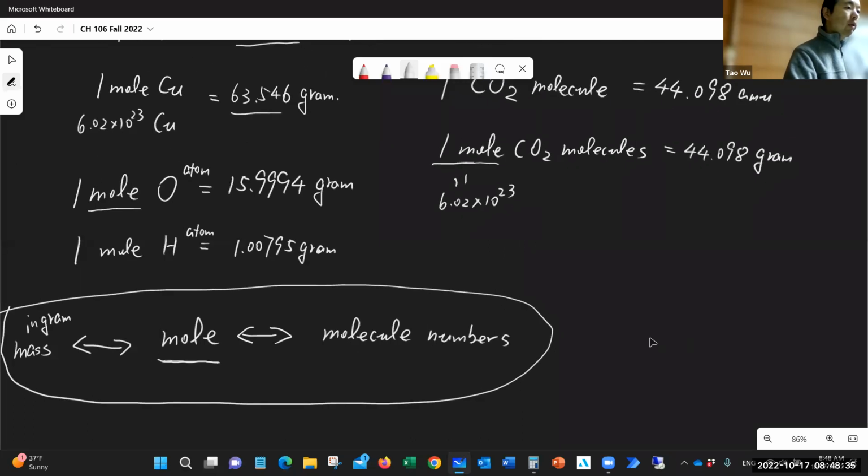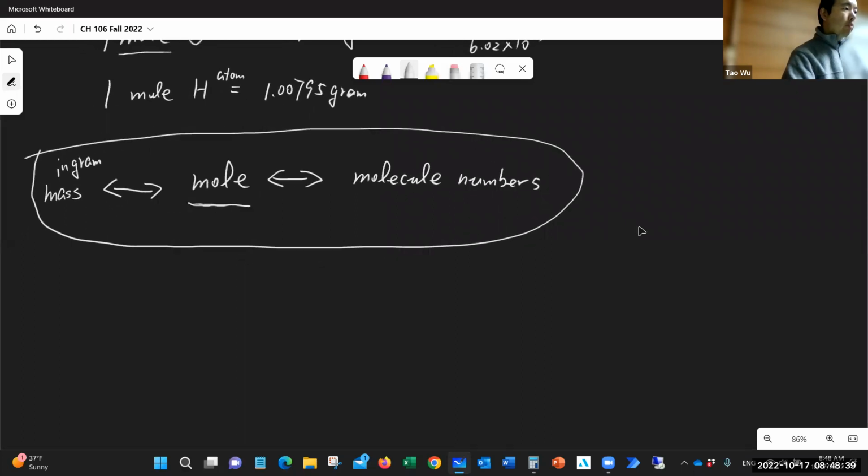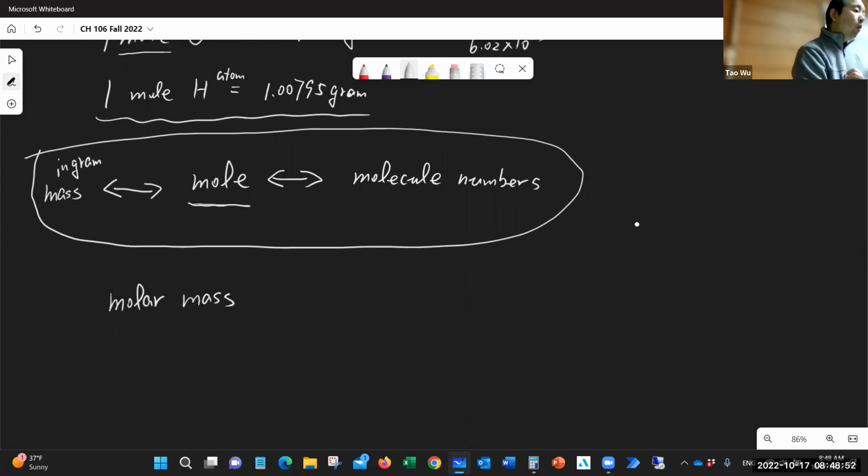Before we talk about this, we are going to talk about one more concept, which we already mentioned over here. This is called the molar mass. Another name for it is mass per mole.